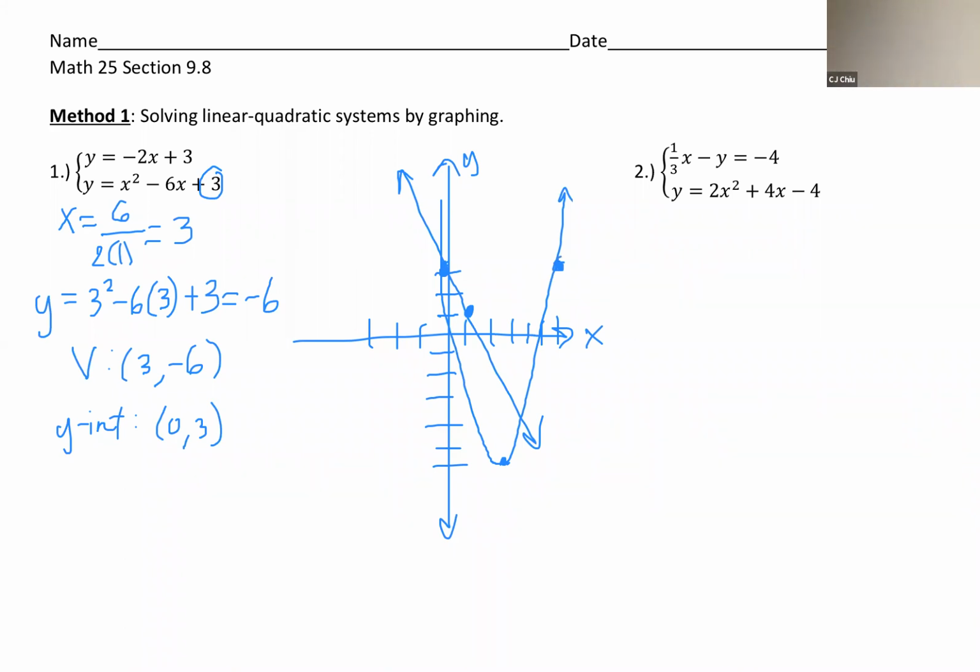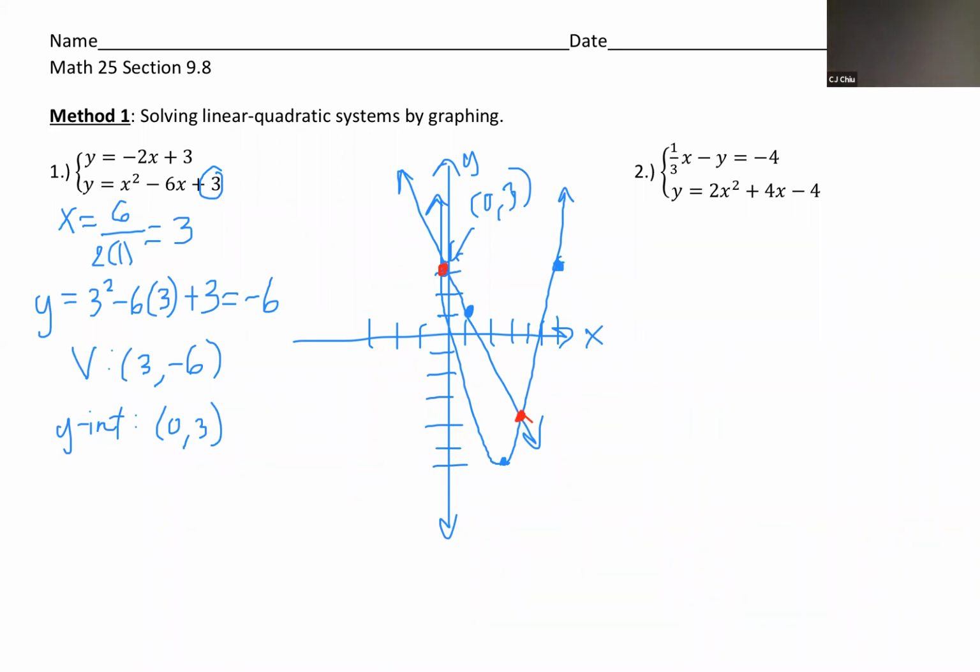If it doesn't intersect the line, you would just extend the line so that it does intersect it, okay? So there are our 2 points. This one's nice and easy. That one's just your y-intercept, 0, 3. And like before, when we graphed systems of linear equations, we just estimate, right?